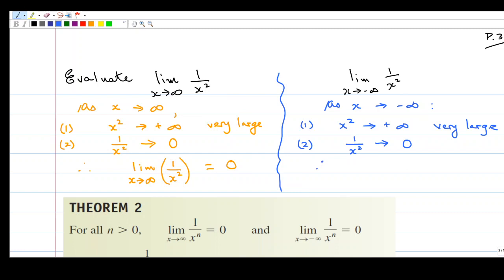So therefore, the limit as x approaches negative infinity of the structure 1 over x squared will equal 0.